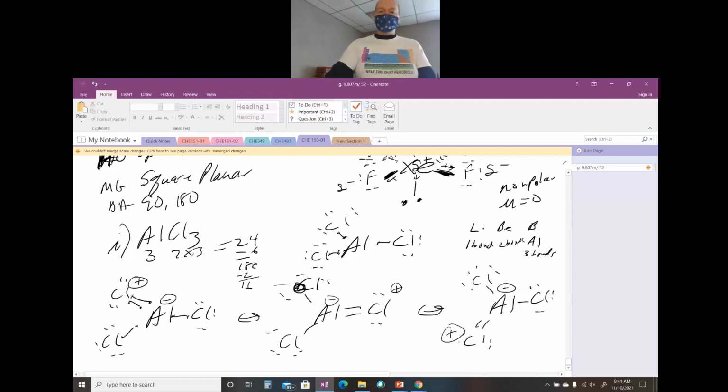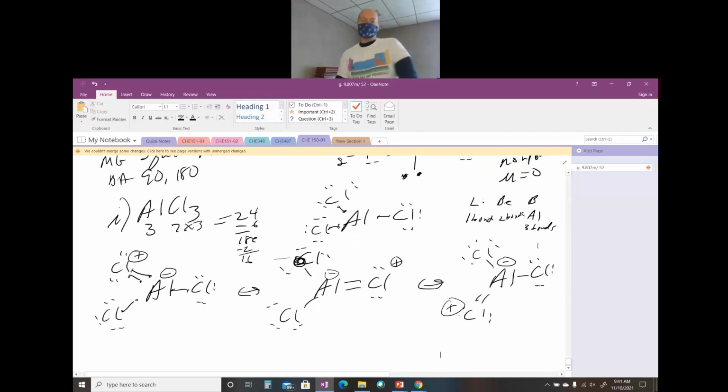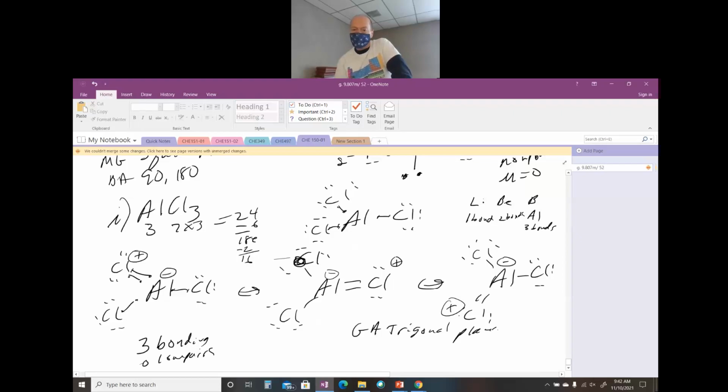All right. But again, it doesn't matter if you look at any of these, they all have 3 bonding directions, 0 lone pairs. All right, and so your geometric arrangement is going to be trigonal planar. And your hybrid orbital is sp2.